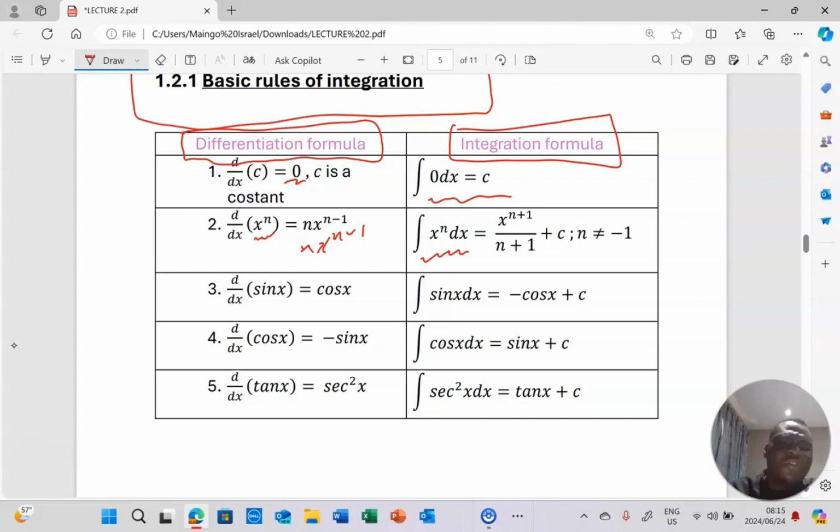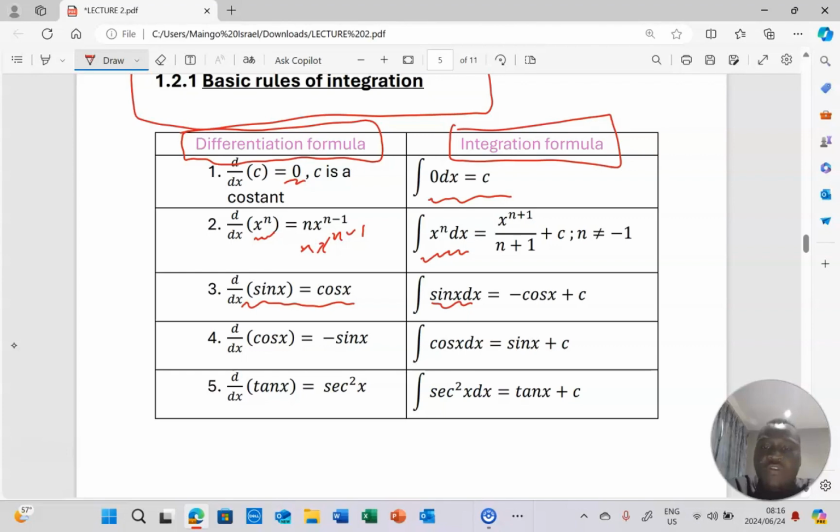The derivative of sine x is cos x, but for its integral, we ask ourselves what we differentiate to get this.